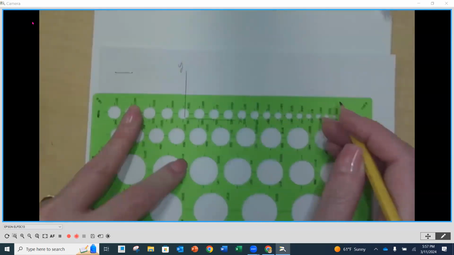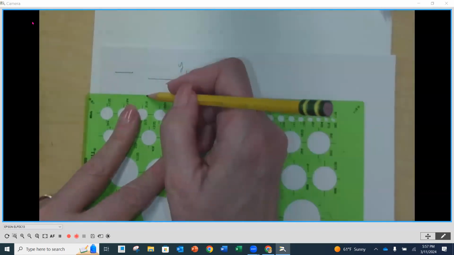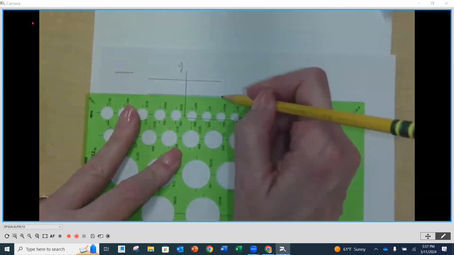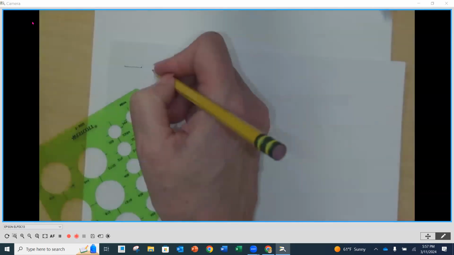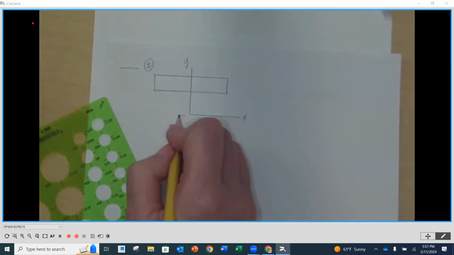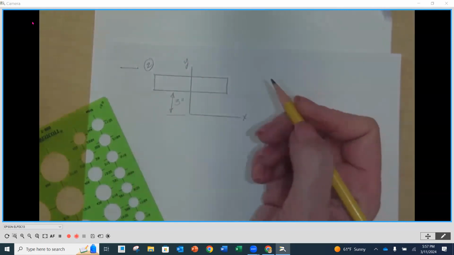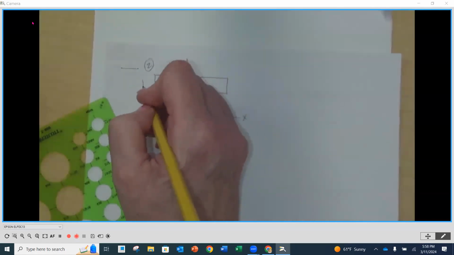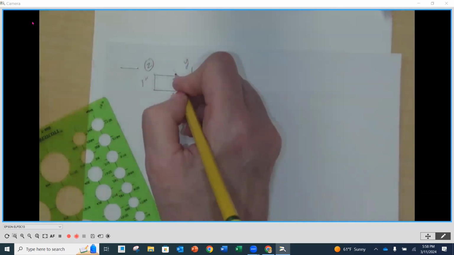Our x, our y. Shape number 2. And we know that the distance underneath here is going to be 3 inches. The height is 1 inch. And then the length here, this is the 8-inch dimension.